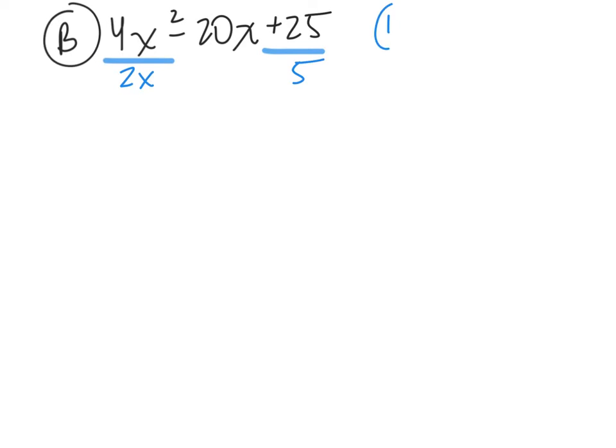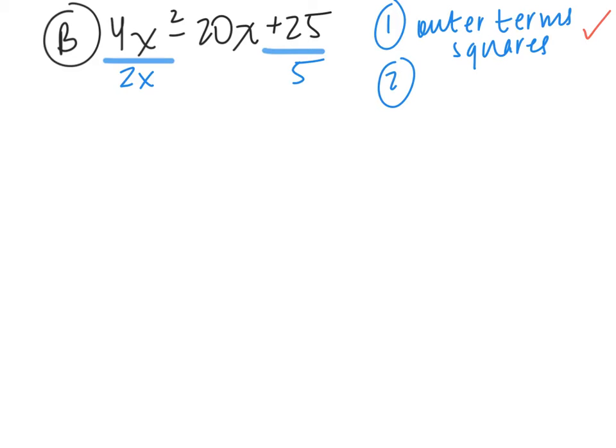The first step is to check, are my outer terms squares? And if that is so, for us right now we can say check. If that is so, then you move on to the second criteria. The second criteria is, is my middle term 2 times a and b? Again, this is a and that is b, right?